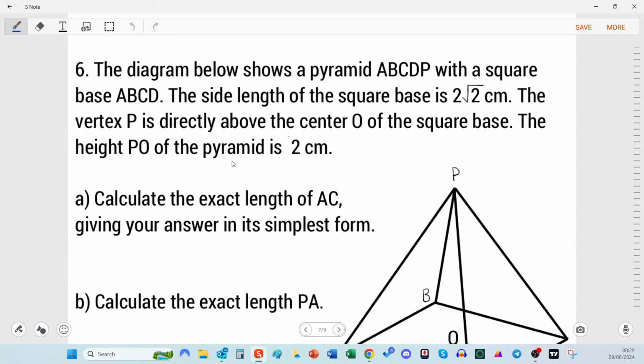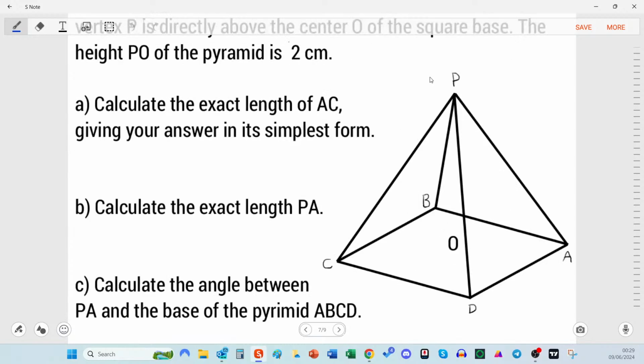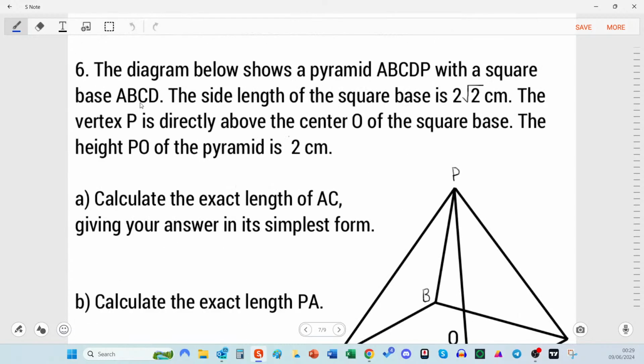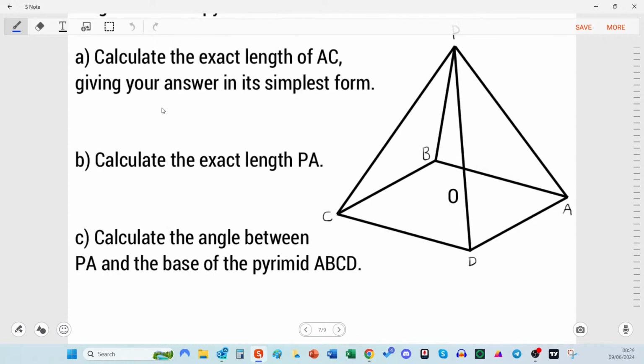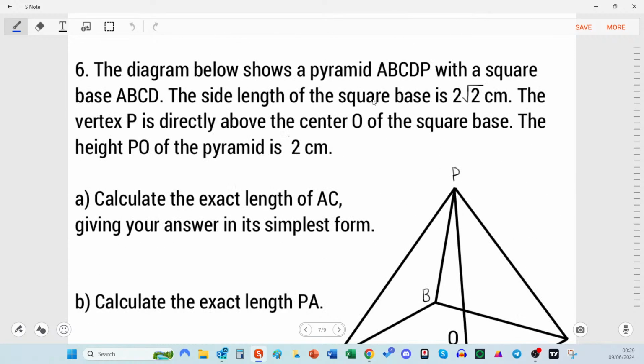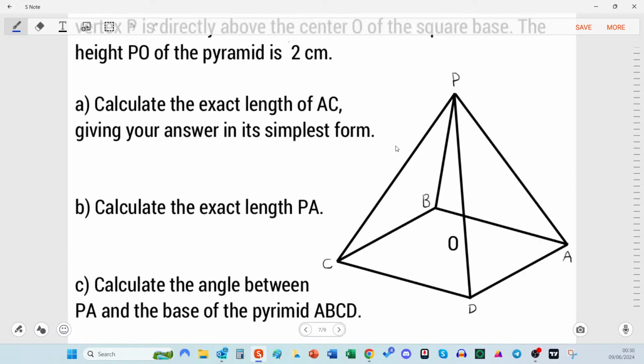The diagram below shows a pyramid A, B, C, D, P, with a square base A, B, C, D. The side length of the square base is 2 root 2. Time to label, I think.